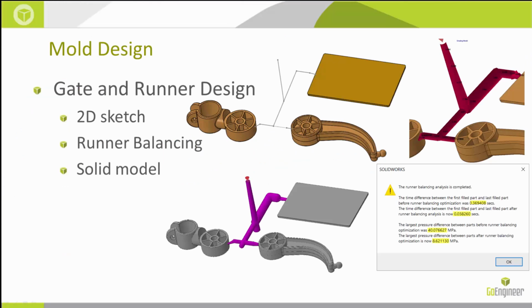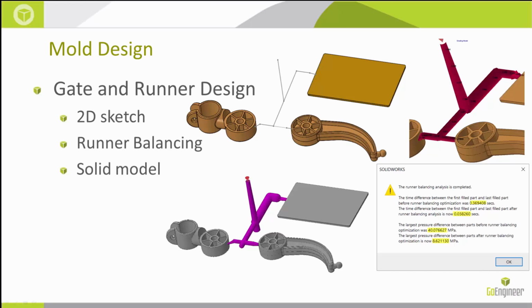So those are some basic things we look at for part design with the analysis. Now we'll look at some of the capabilities of the plastics analysis that deal with the mold design phase of your part.